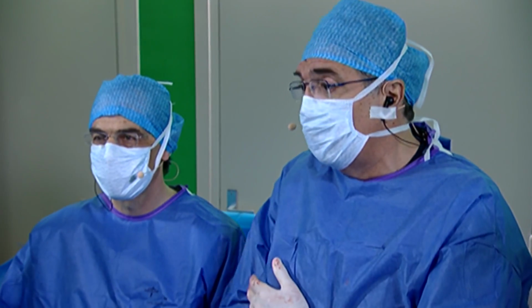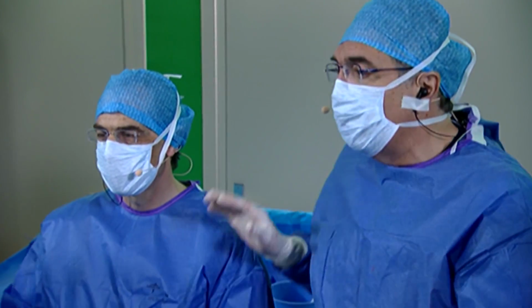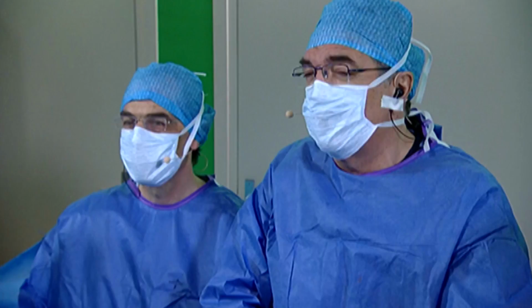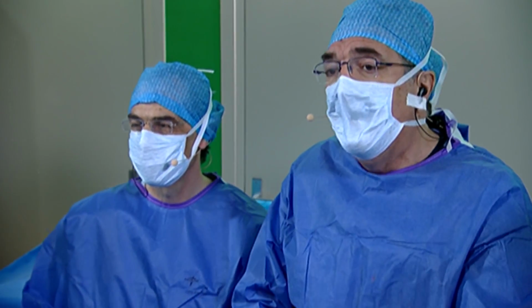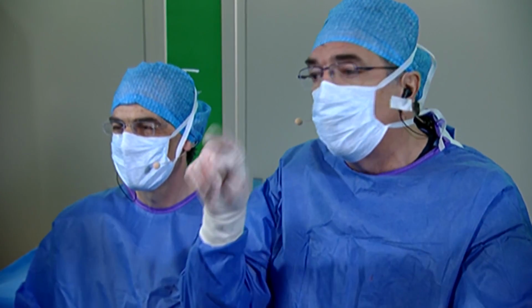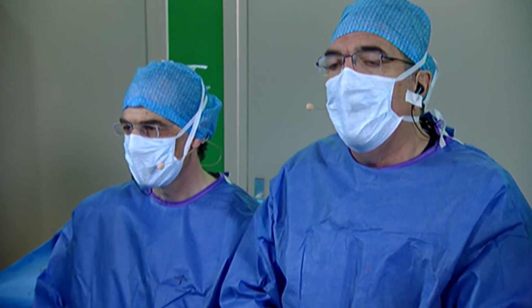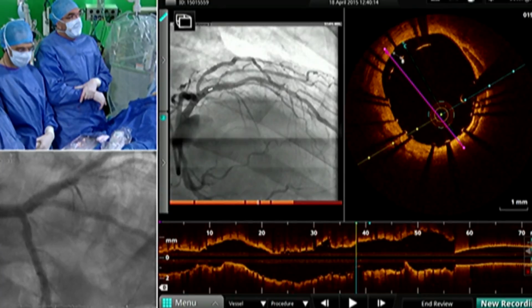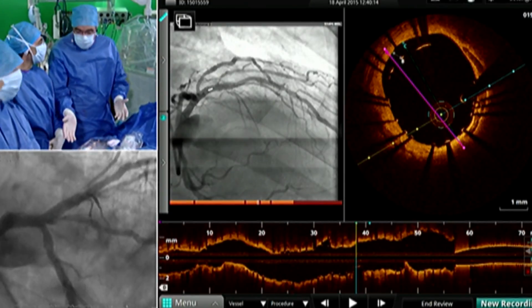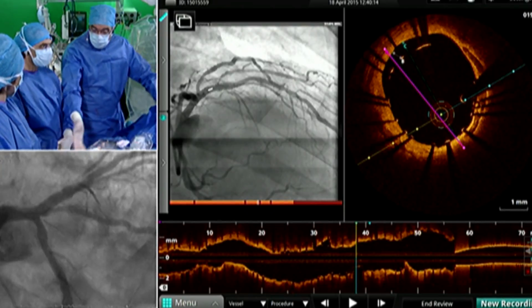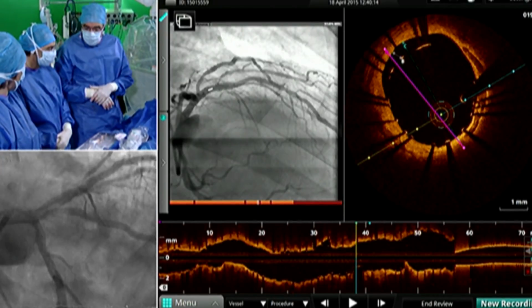It was fantastic today. It was really a fantastic opportunity to have Giulio Guagliumi with us in the lab. He has a tremendous experience in the OCT and particularly in this new technology with co-registration, angio-OCT, and it was really easy to manipulate when you are doing these kinds of things.